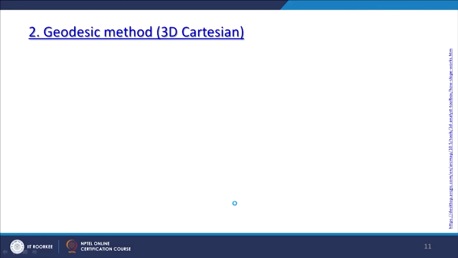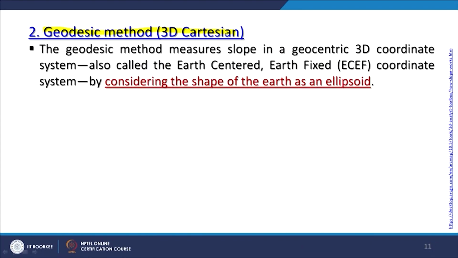Now, when we go for the second option, that is the geodesic method, a 3D Cartesian system, this geodetic method, as you know, measures the slope in a geocentric 3D coordinate system. Things may become a little complicated in that sense, because now we are bringing in an ellipsoid in the earth-centered, earth-fixed ECEF coordinate system.